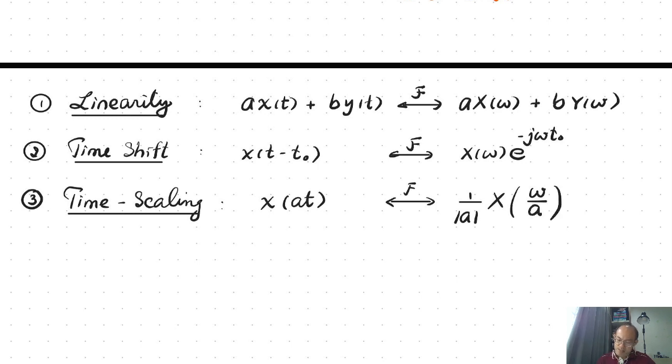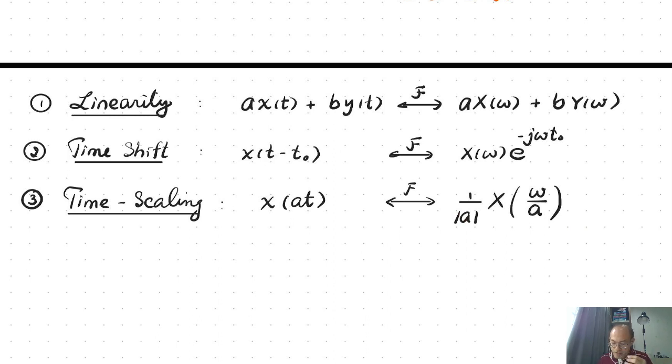So what this means is that if you expand the time signal x, then the resultant Fourier transform would shrink, or become narrower, in the frequency domain.